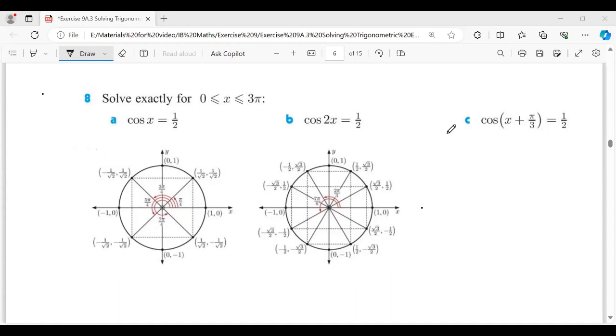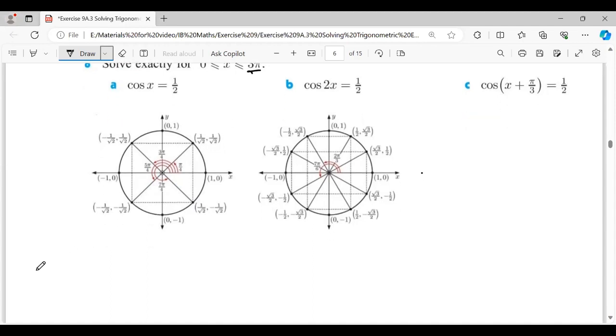Solve exactly for x in the interval 0 to 3 pi, if cosine x equals half. Let's check the first one and the second one.